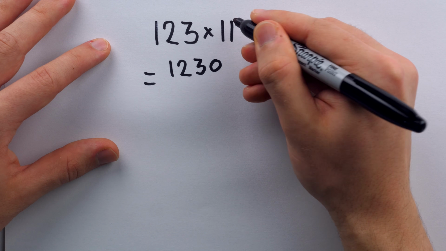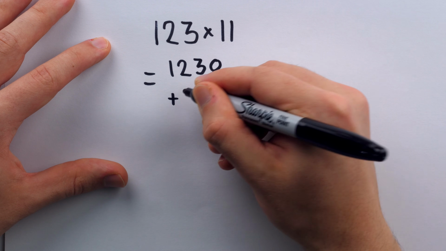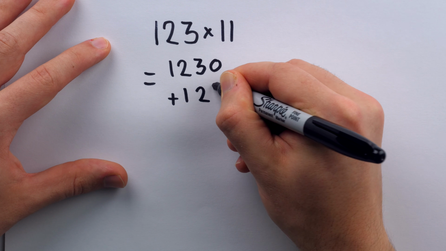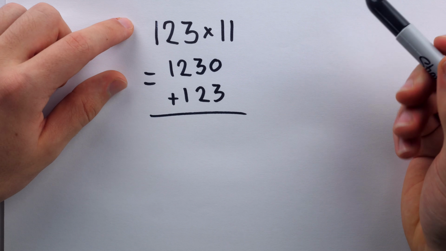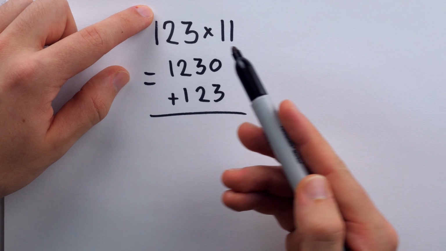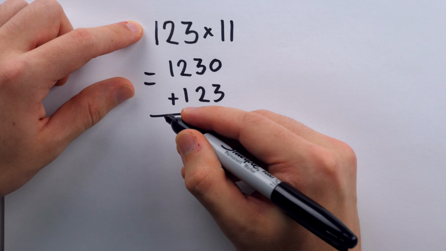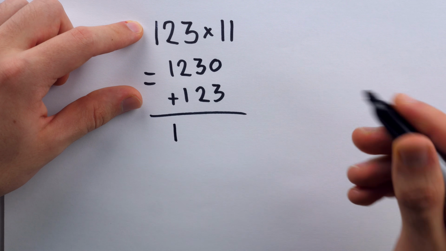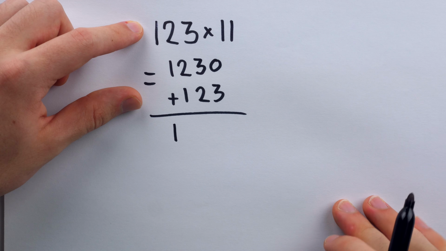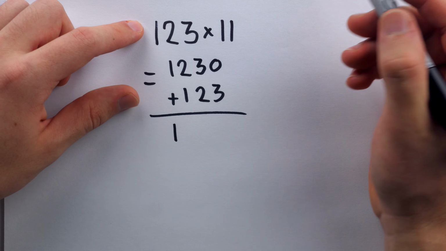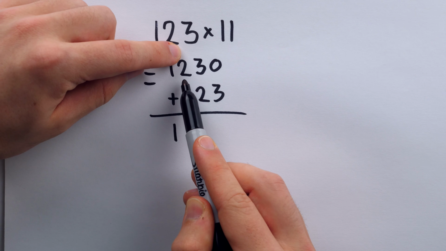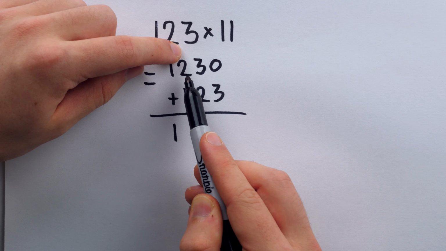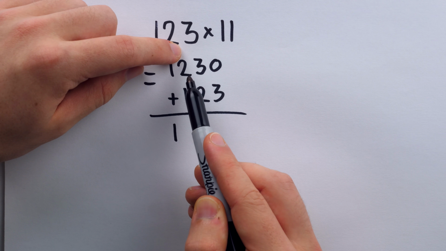But then when we think about multiplying by 1 and adding that, we're adding 123. So what's actually happening here is the first digit is getting moved to the left one place value because of the multiplication by 10. And that's also happening to the other digits. We have a 2 in the tens place, which we see show up as a 2 in the hundreds place because of the multiplication by 10.